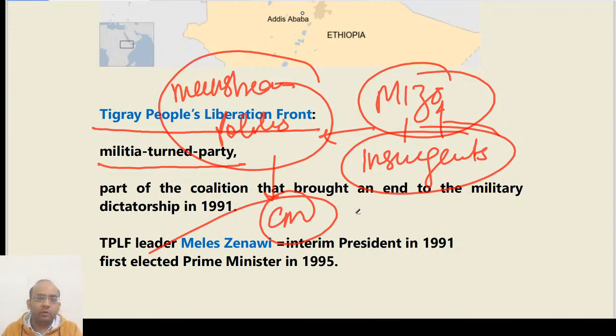And afterwards, they did not resort to any kind of violence. They use democratic forms of protest or the democratic mechanism of grabbing power through elections, etc. But they gave up their violent method of asserting their political power. Okay, so this is basically a militia turned party in India.